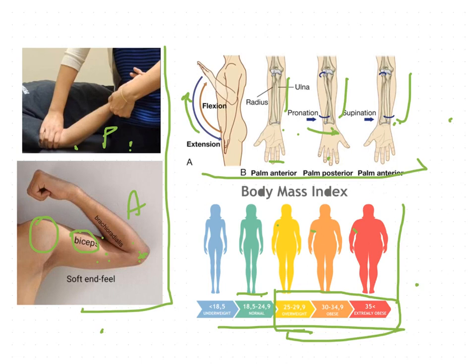Because of the accumulation of fat around the arm, the range of motion of elbow flexion is affected. So the mass is interfering with the approximation of the forearm on the humerus. Not only the contraction of the muscles here, the accumulation of fat around the arms is going to affect the range of motion of the elbow joint.